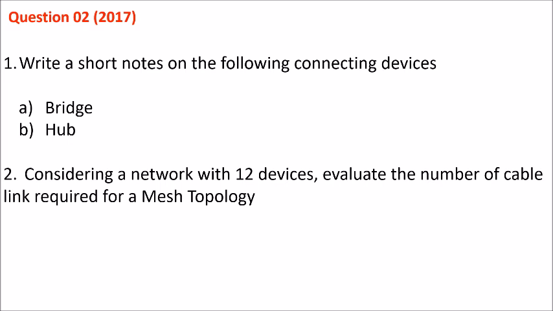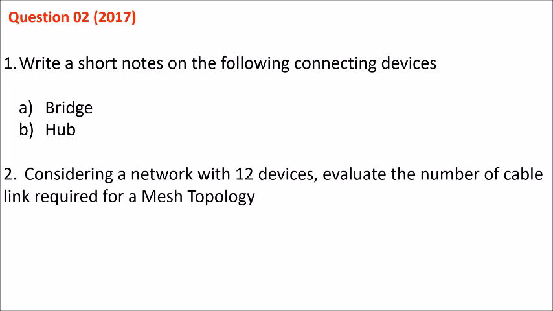But there are small differences. A hub is a basic kind of device used to connect other devices in the network. A hub can only receive data and deliver data to all other computers in the network. It is not able to identify the destination path or destination location. That means the hub doesn't know exactly where that particular data is going.